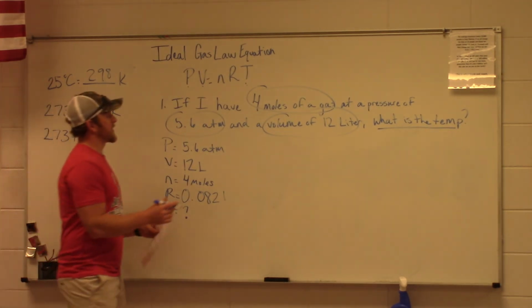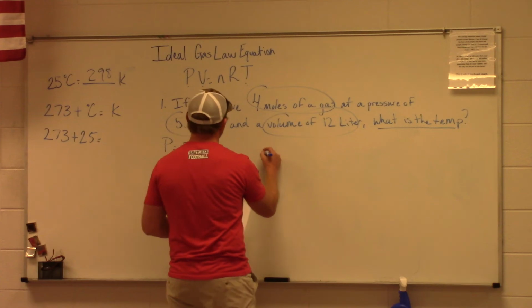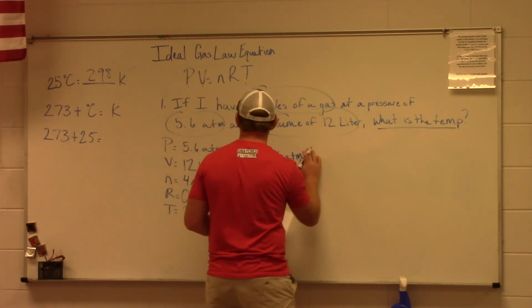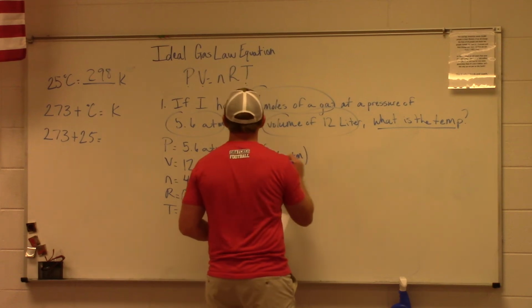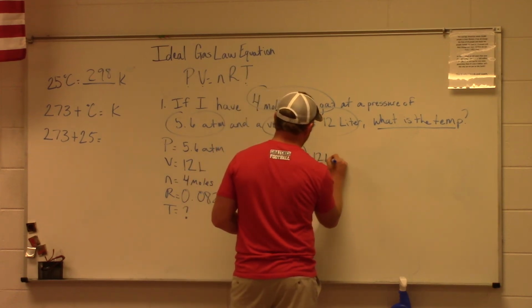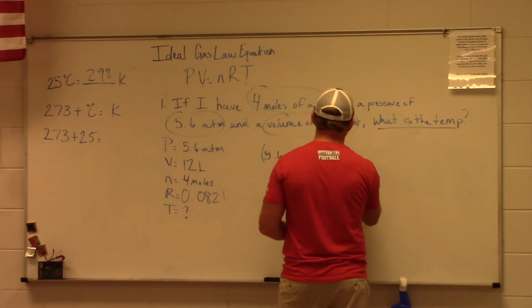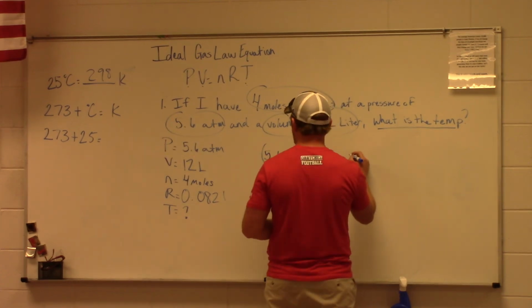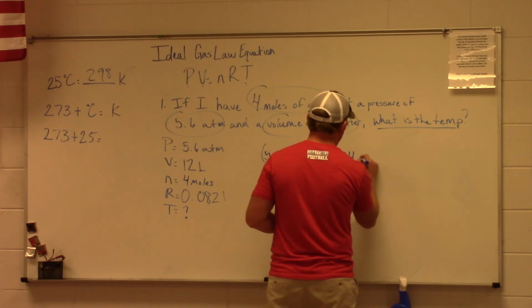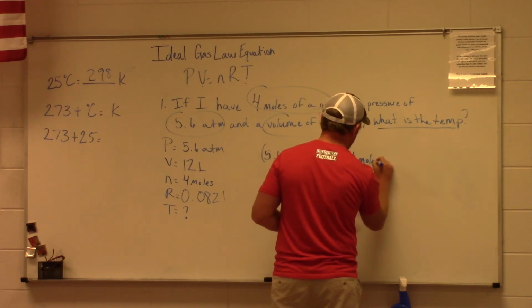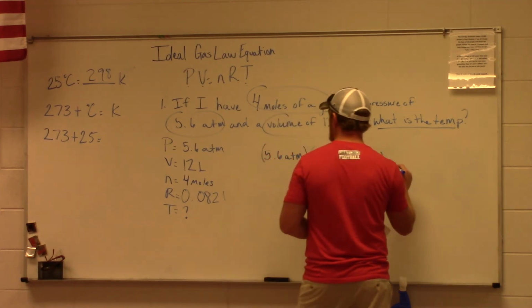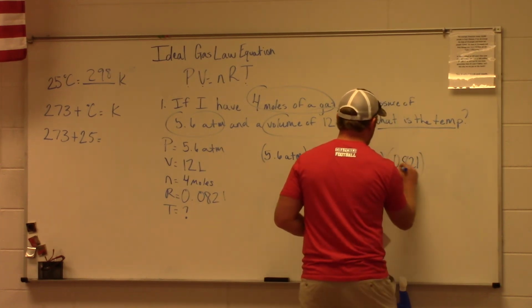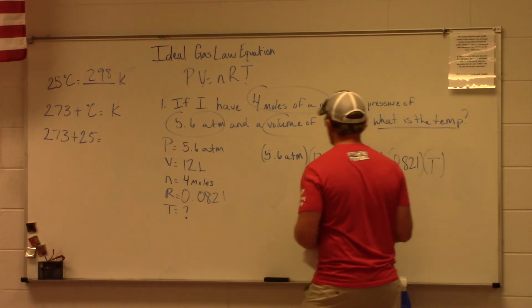We're going to plug this into our equation. Here's our equation, PV equals nRT. 5.6 atmospheres is our pressure, our volume is 12 liters, is equal to n, which is 4 moles, times 0.0821, and then the temperature.